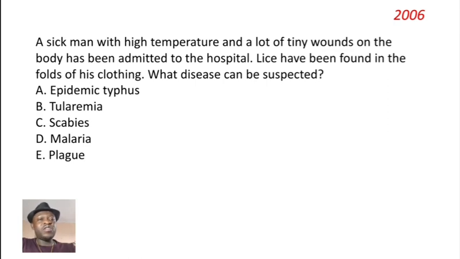I hope you're able to recall all those things, right? I said it's Rickettsia prowazekii causing endemic typhus, transmitted by lice, and the rickettsia will be in the feces, so on scratching you facilitate the entrance into the body. So here the answer is endemic typhus.